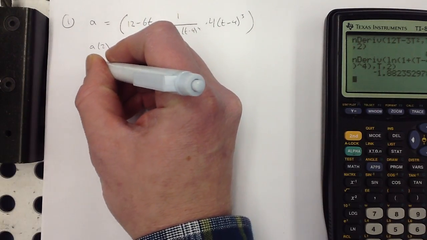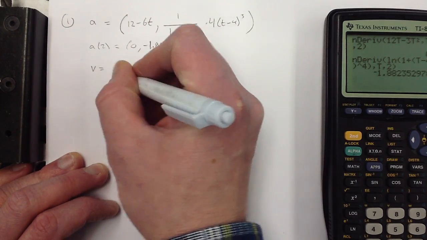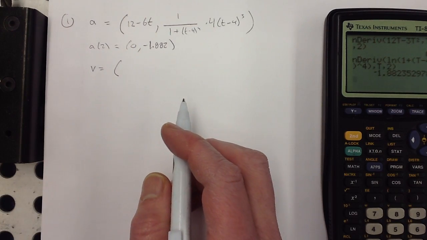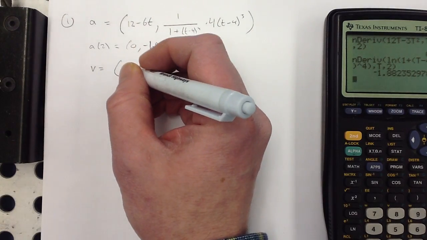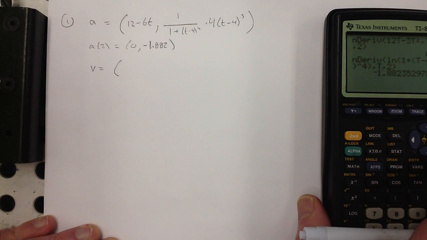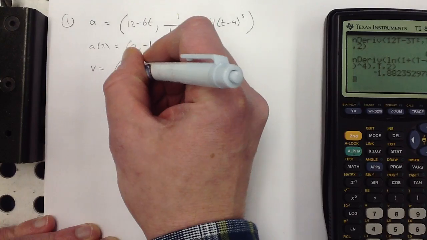So the speed is the absolute value of the velocity. The velocity would be just plugging 2 into those original functions. So that's 12 times 2 is 24 minus 3 times 2 squared. That's 24 minus 12, isn't it?